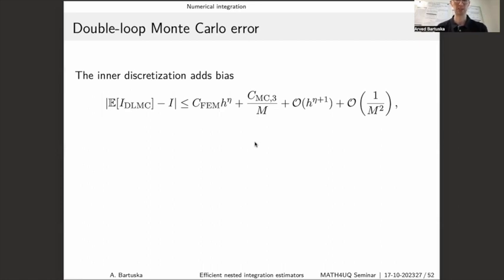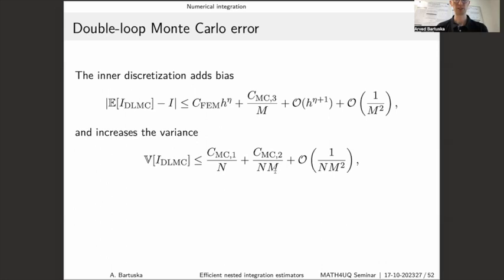But for this nested structure, the inner one is still unbiased, but the outer one will have a bias that is relative to the variance of the inner integrand. This may sound a little unintuitive, but once we have a fixed number of inner samples, although it's unbiased, it will be off by some factor that is relative to the variance, and this adds bias to the outer Monte Carlo or randomized quasi-Monte Carlo estimator.